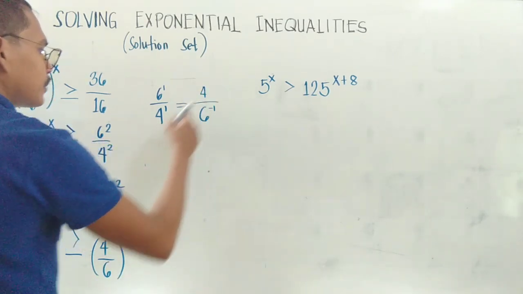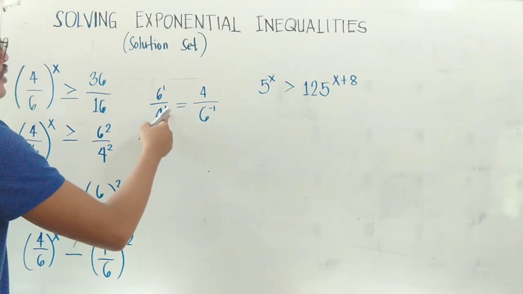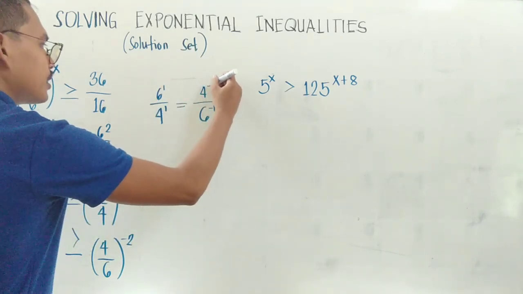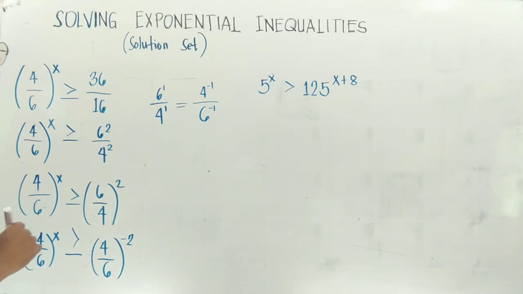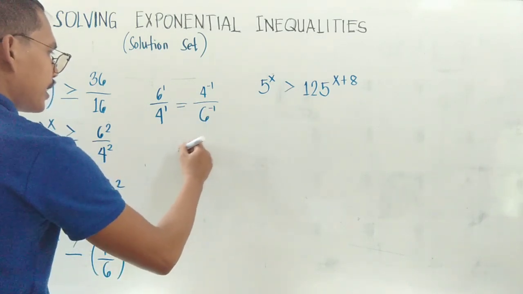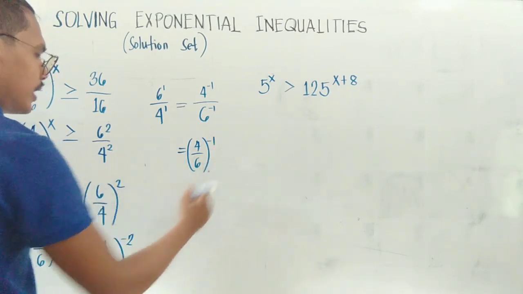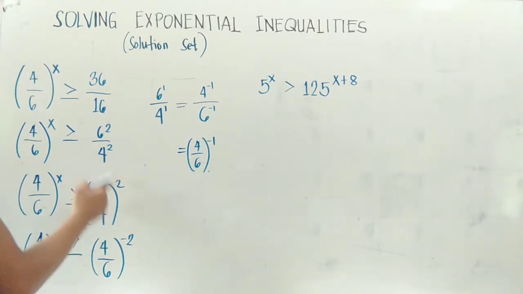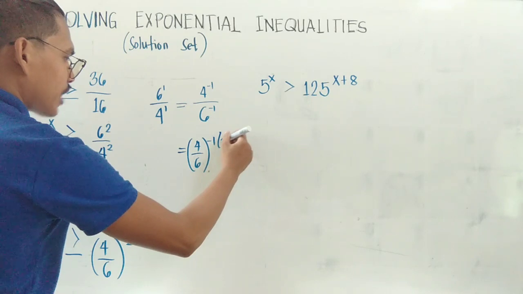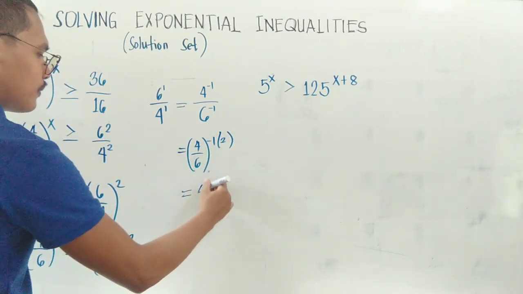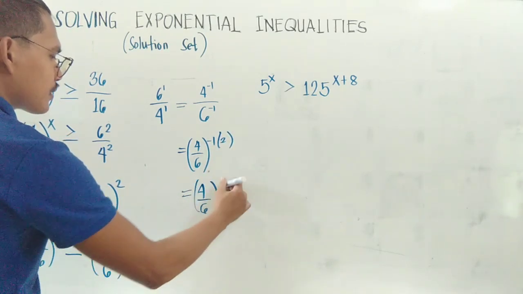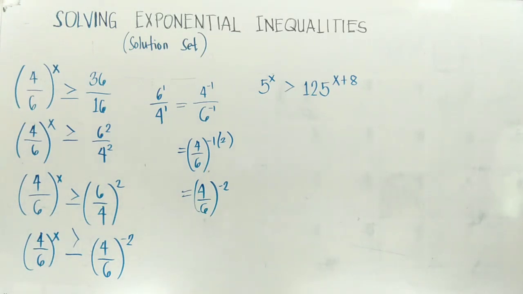And 4, we will bring 4 raised to 1 on your numerator and it will become 4 raised to negative 1. Or shall we say we have 4 over 6 raised to negative 1 and we have 2 in here, so we have times 2. So we have 4 over 6 raised to negative 2. Okay? So that is how we simplify this thing.